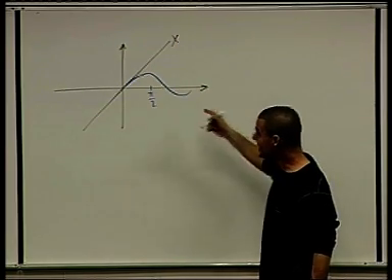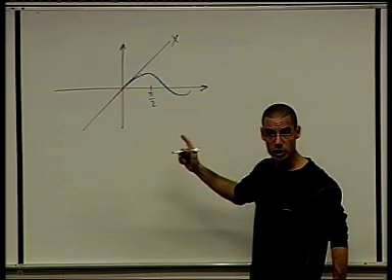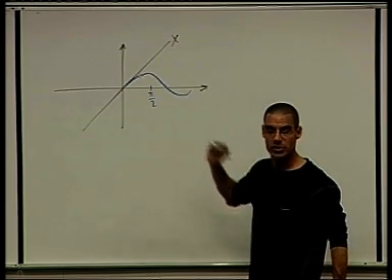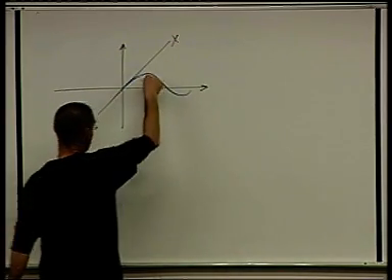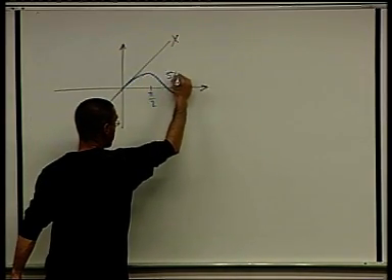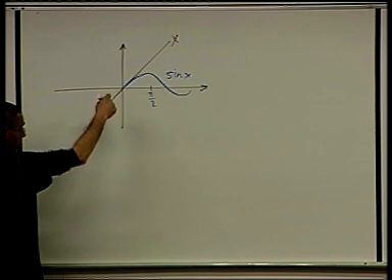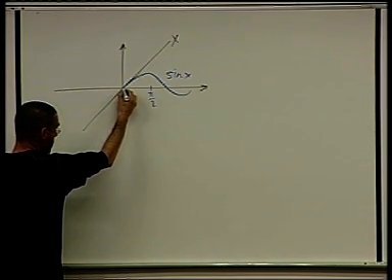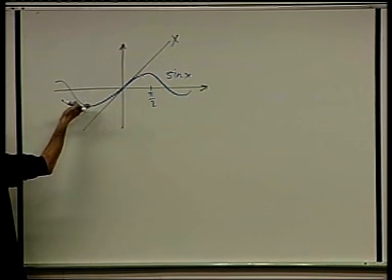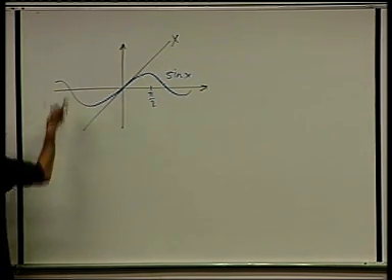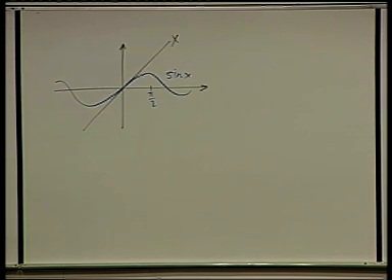Moreover, sine is an odd function. x is an odd function as well. So if x was greater than sine of x for positive numbers, we're going to have a mirror image here. Sine x is going to be greater than x for negative numbers. Do you agree?